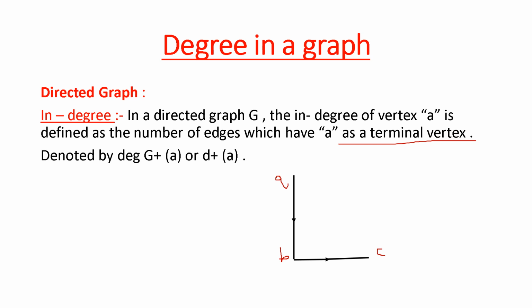Degree of vertex A in this graph: in degree, A is the initial point here, so we have to count only terminal vertex, so degree of A is equal to 0, and for B degree of B is equal to 1, and for C degree of C is also equal to 1.